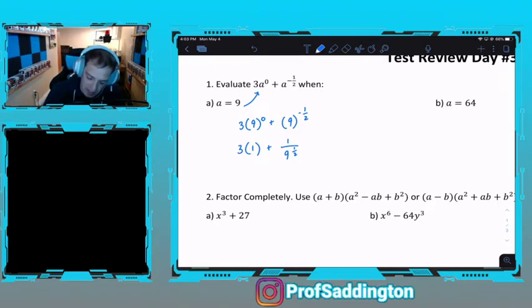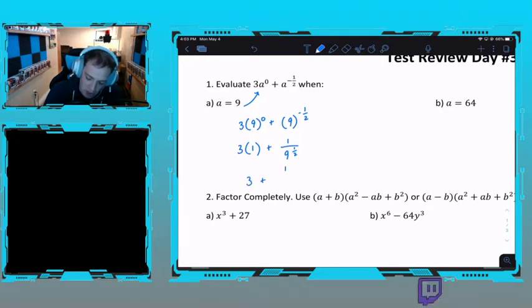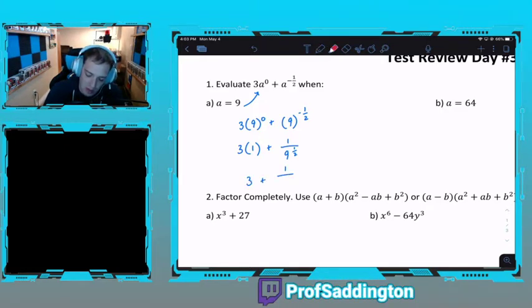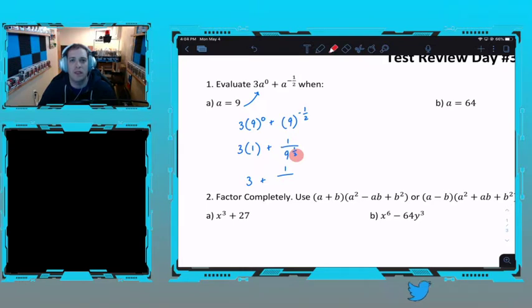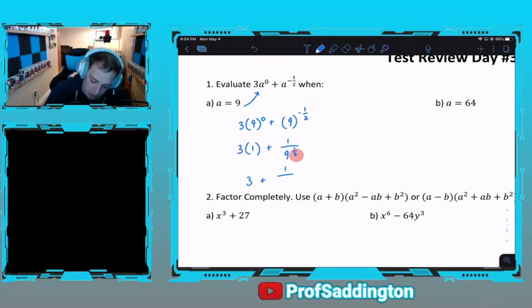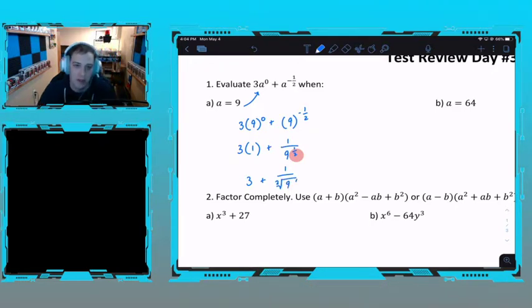So the left side, again, 3 times 1 is just 3. But when we change this into radical form, what we're actually doing is taking the denominator and bringing it to the outside. I use the phrase down and out because we took that 2 and we're moving it to the outside of a radical. The 9 to the first power stays on the inside.